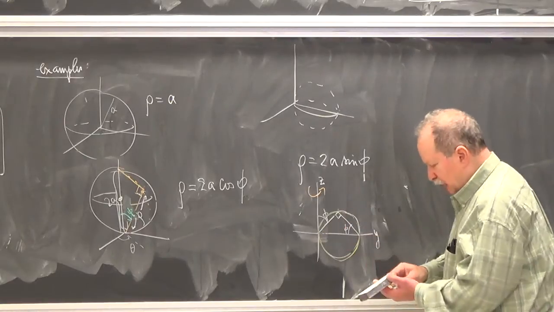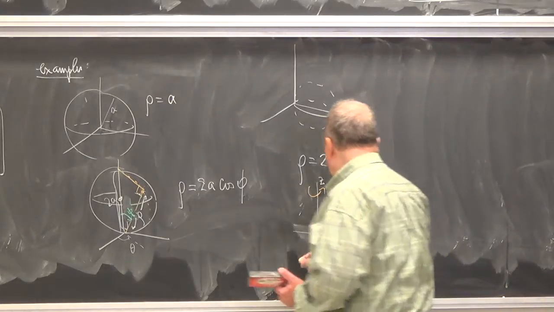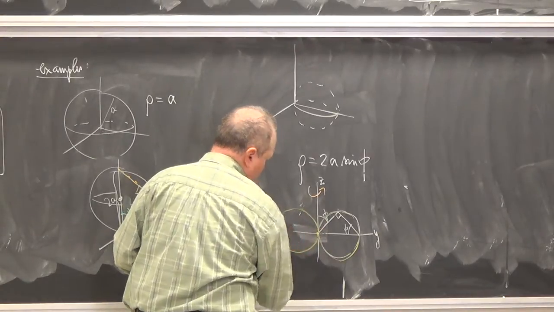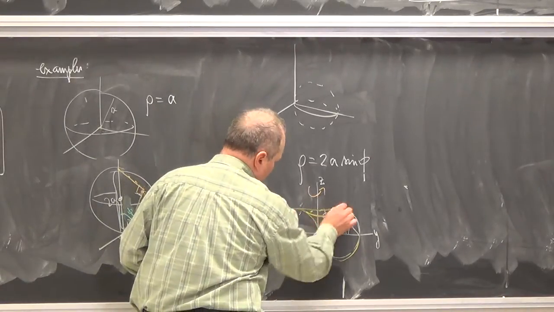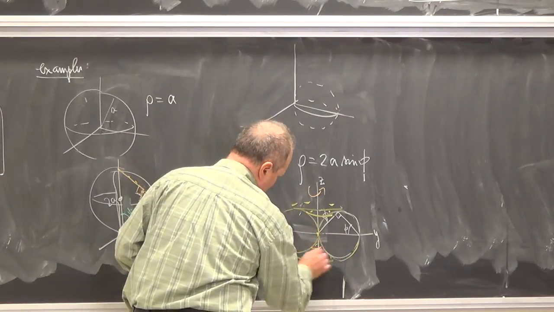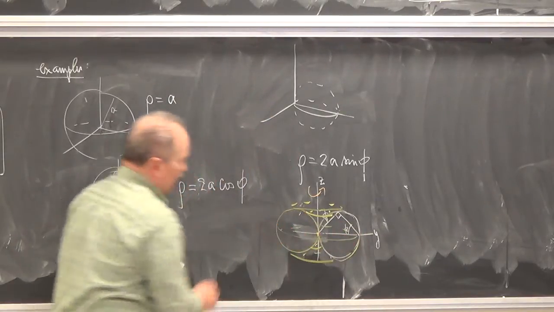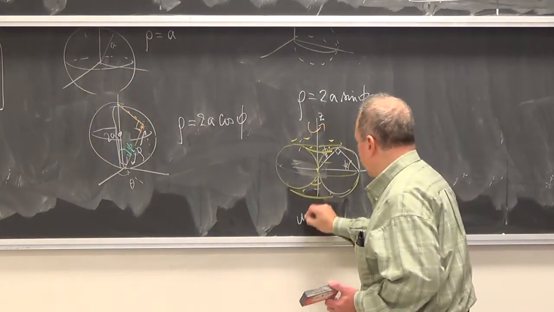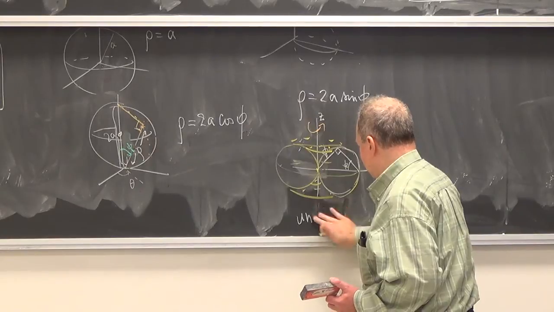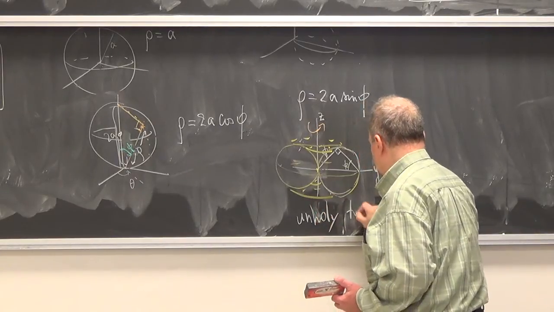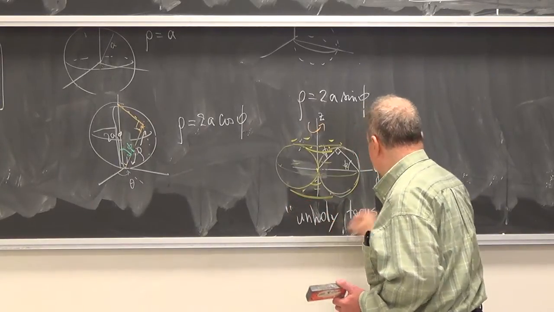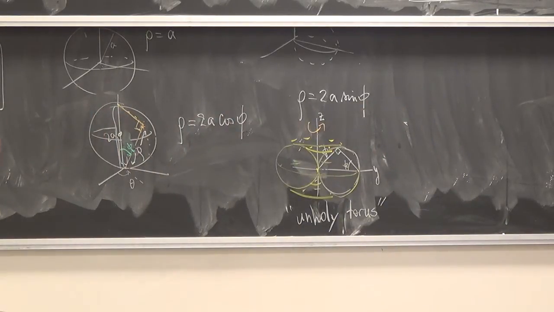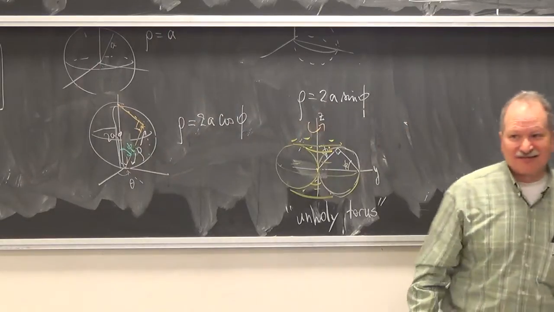Here you're spinning around the origin, which means no hole. So you have a surface that looks like this. You guys called it a torus with no hole; I'll call it an unholy torus. I don't know the official name for it. There isn't one.